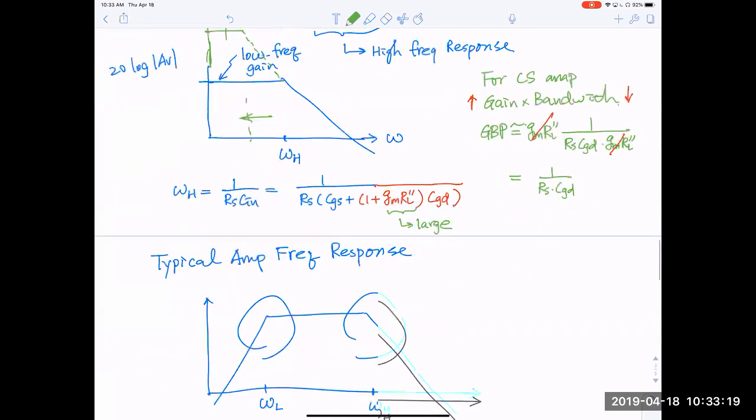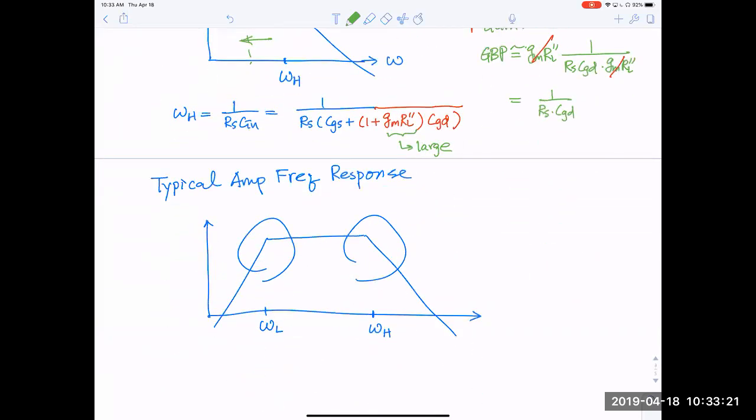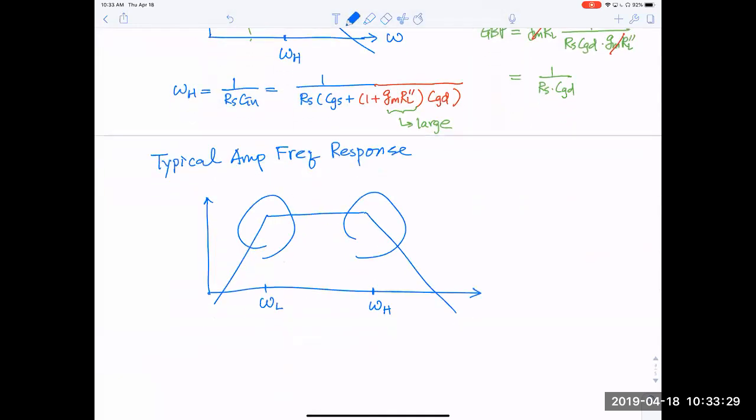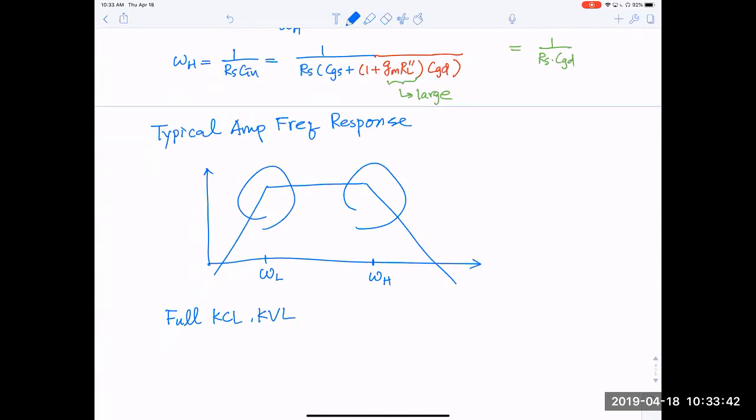So we say the frequency pole is this. What happens if you do the exact KCL, KVL, a full analysis? I'll just give you the expression.